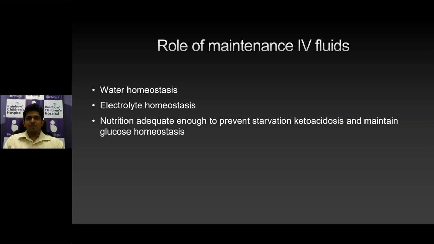We need not aim for complete buildup when we are starting a maintenance IV fluid. That deals with a completely different spectrum, which is parenteral nutrition. The glucose in a maintenance IV fluid should be adequate only to prevent starvation ketoacidosis and to ensure normal glucose homeostasis.